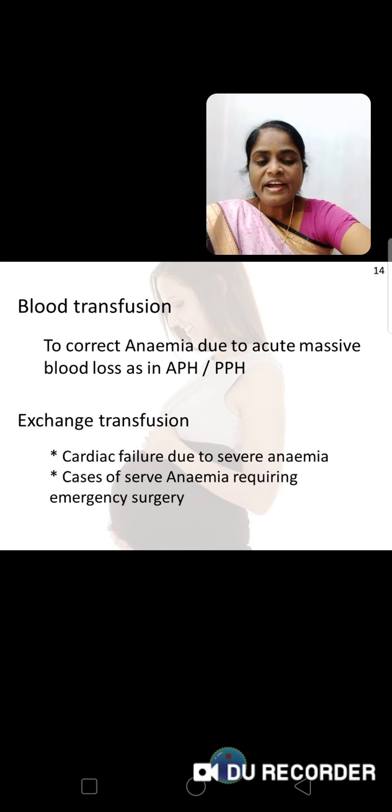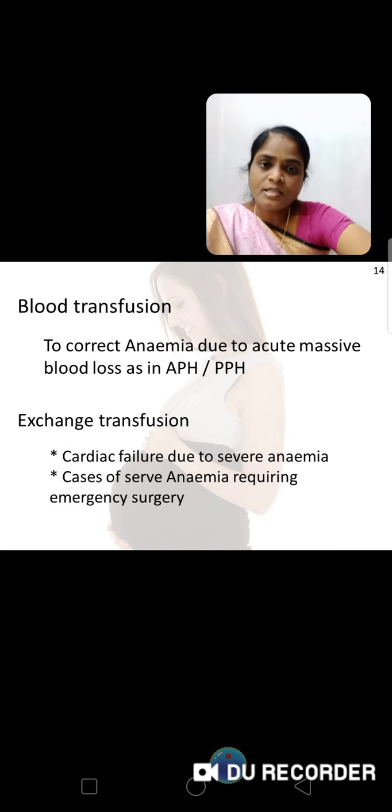And finally, nursing management, nursing care, nursing diagnosis. We have to focus on the first one, breathlessness or dyspnea. We have to do assessment. We look for pallor and do head-to-toe assessment, inspection, palpation, percussion, auscultation are the methods. Through that we can find out the anemia very easily.